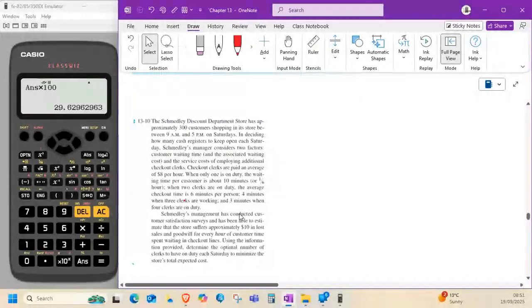It says that Shemley discount department store has approximately 300 customers shopping in the store between 9 and 5. If you look at 9 and 5, you have an 8-hour period between there.